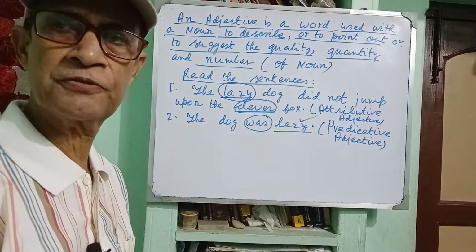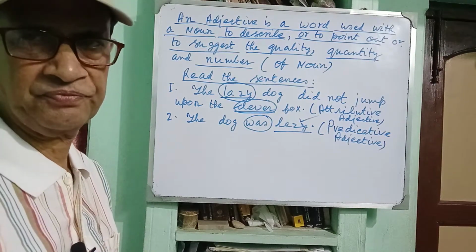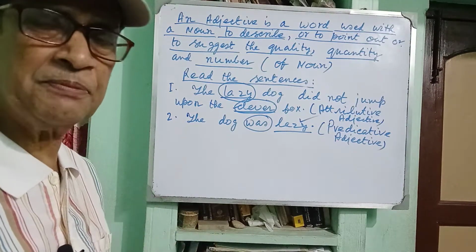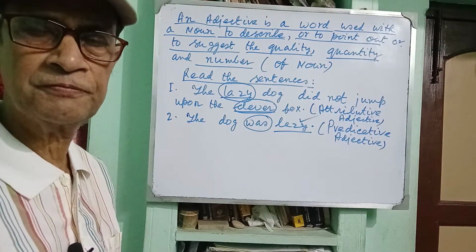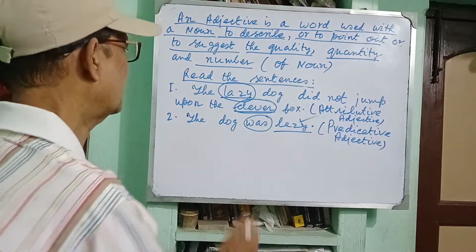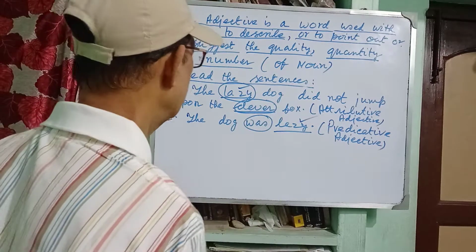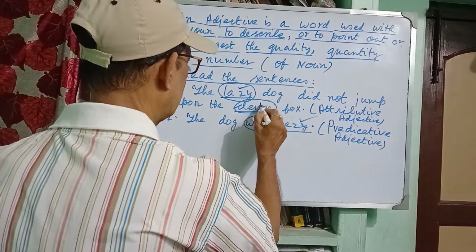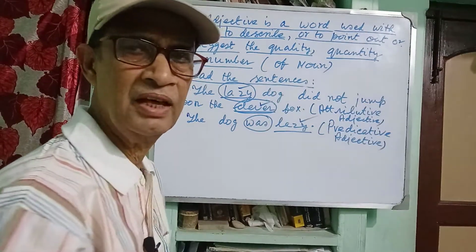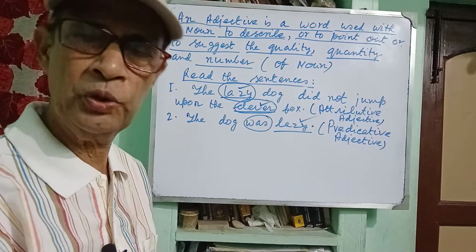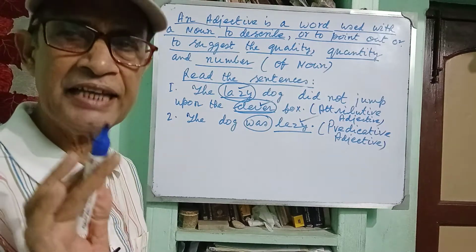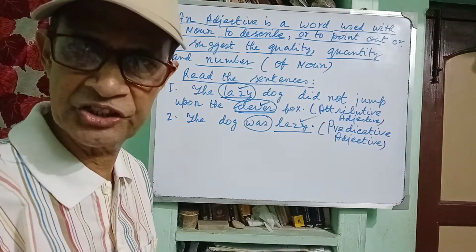The adjectives that describe the nouns are called attributive adjectives. You see that lazy dog, lazy is attributive adjective, clever fox, clever is attributive adjective. And the adjective that takes its place with the verb is called predicative adjective. It takes its place at the end of the sentence.